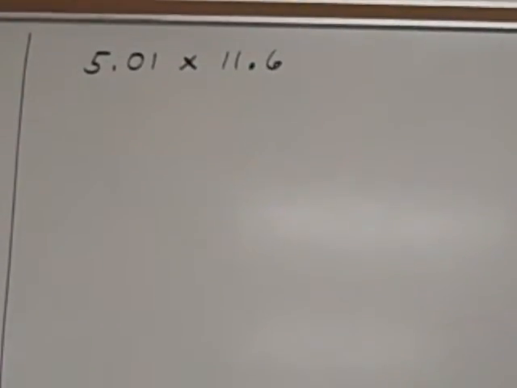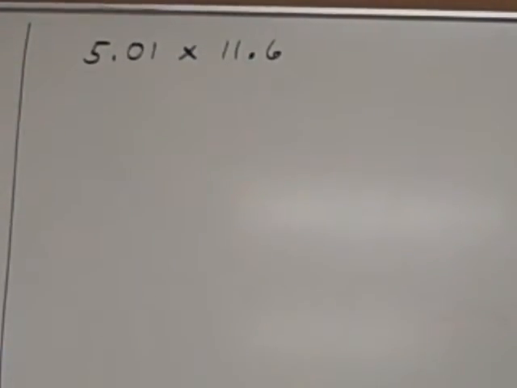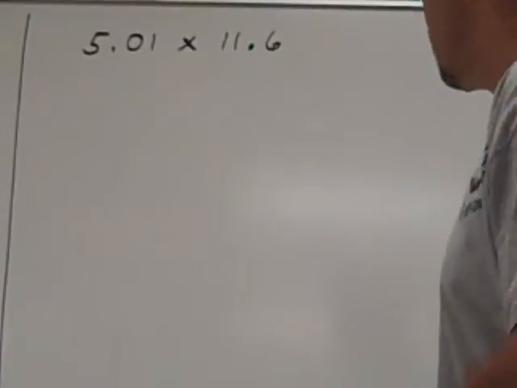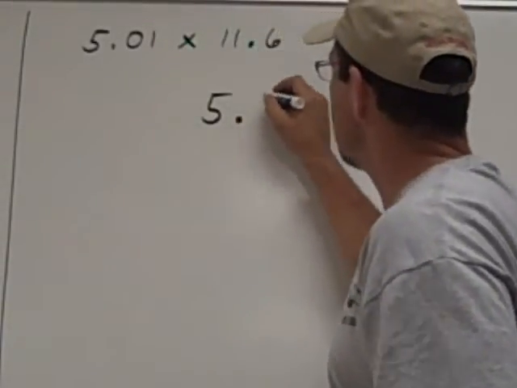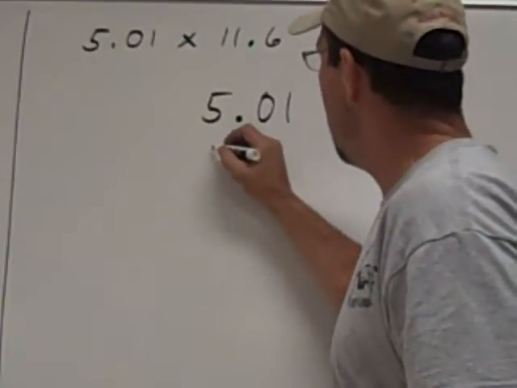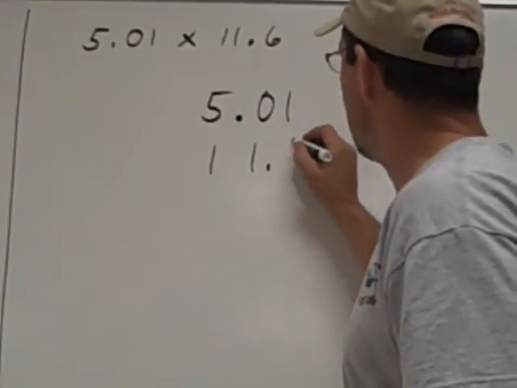Let's move down. All right. 3 digits times 3 digits. Both of them are 3 digits, so we can just write either one of them down first. So 5.01 and a 1.6.